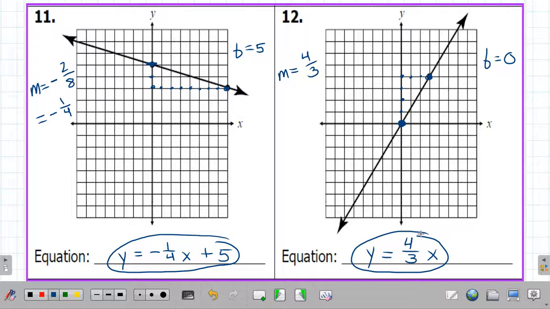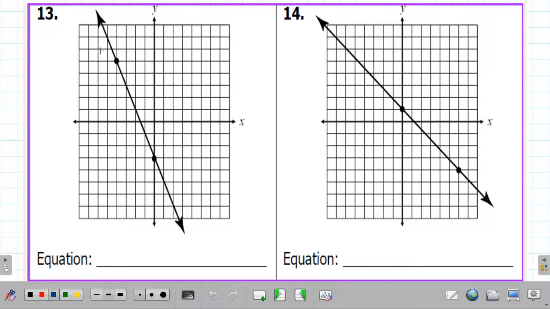We could add plus 0 to anything and it wouldn't change anything. Just in this case, we have the plus 0, so it's just 4/3 x. If you did put the plus 0, technically that is correct, but we need to get in the habit of, if we're going to add 0 to something, we're not really doing anything at all, so we don't need to write it down. So in this case, we just get y is equal to 4/3 x.